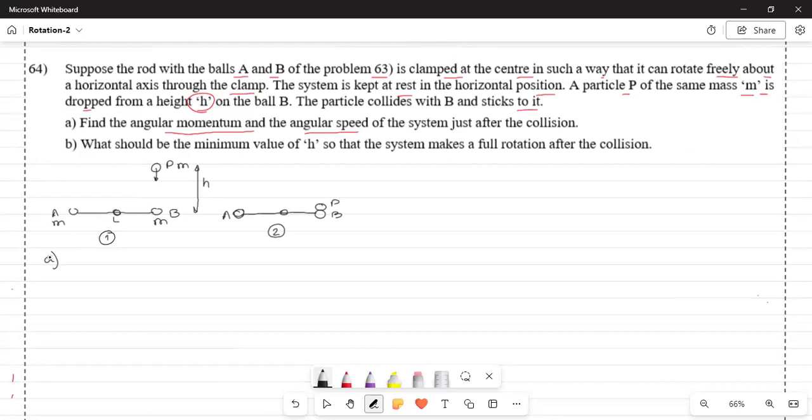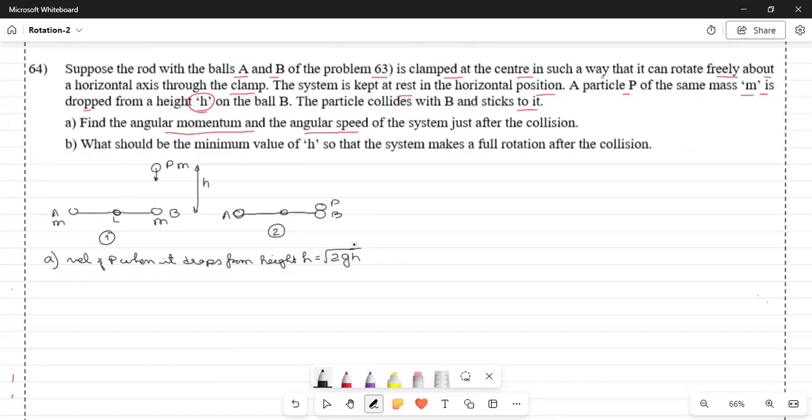Then, what is the velocity of P when it drops from the height h? We start from here. Velocity of P when it drops from height h. We know from the kinematics chapter, it is under root 2gh.